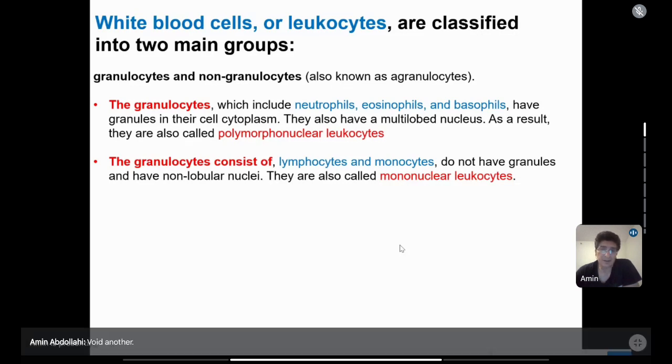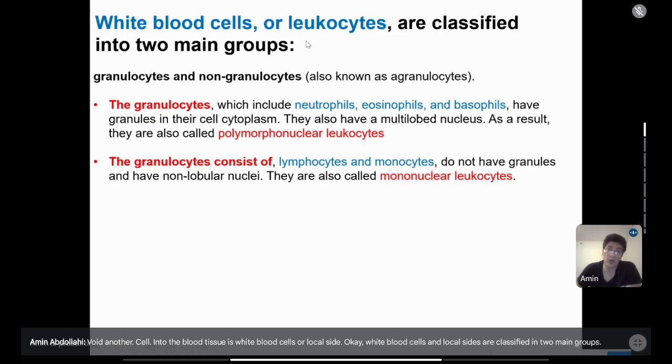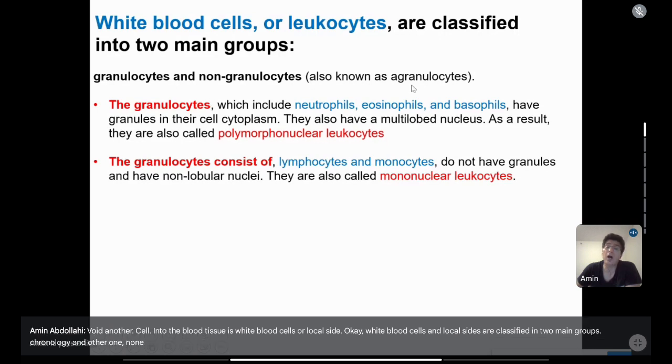Another cell in the blood tissue is the white blood cell or leukocyte. Okay, white blood cells or leukocytes are classified into two main groups. One, granulocyte, another one non-granulocyte or agranulocyte.